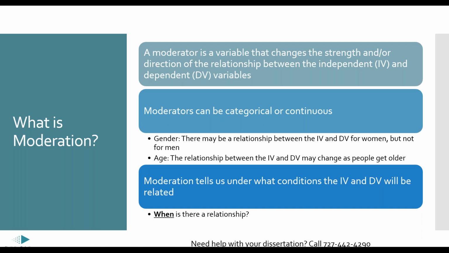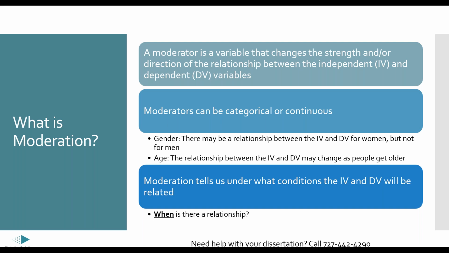And so moderators can be categorical or continuous. So an example of a categorical moderator might be gender. So there may be a relationship between the independent and dependent variable for women, but this same relationship might not exist for men. And then moderators can also be continuous. So age can be a moderator, so just someone's age in years.